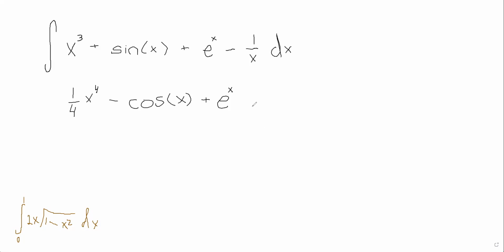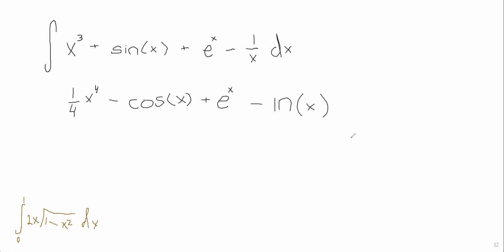And then what about negative 1 over x? First I would move the negative outside of the integral, and then you have 1 over x, so if you look at the rule, it's natural log of x. So we get negative natural log of x.